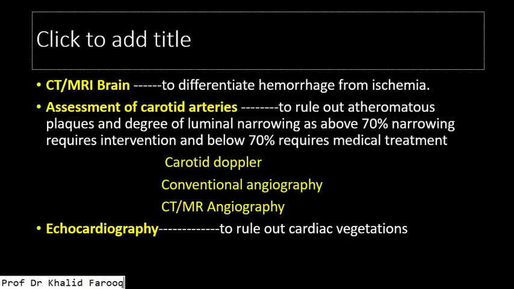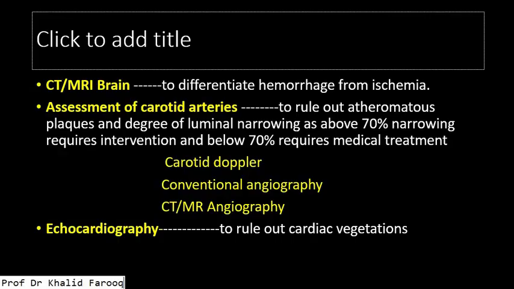So for assessment of the carotid arteries, we use carotid Doppler or conventional angiography. We can also proceed with the help of CT and MR angiography. Here in this lecture, we will see multiple examples of carotid Doppler, conventional angio, and CT and MR angio.